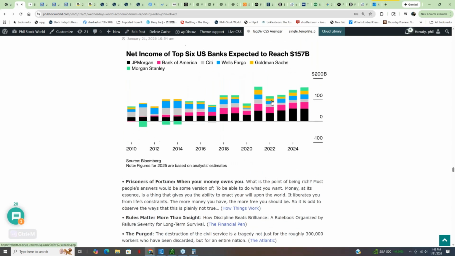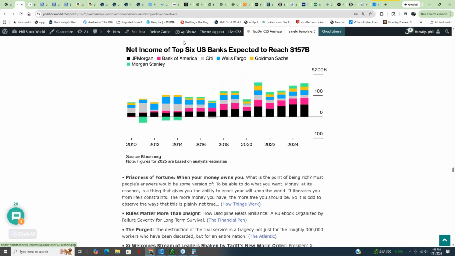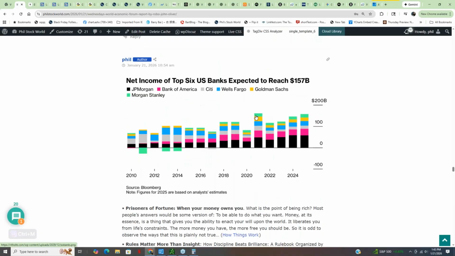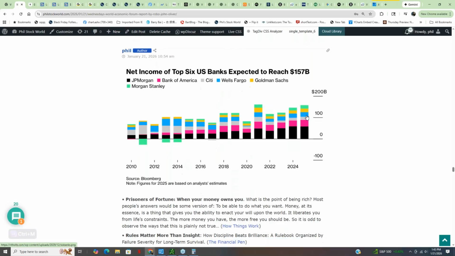Net income of the top 6 banks. Now, it's always important because you see these numbers like top 6 banks 157, compared to what? It was more than that in 2021. You know why? Because the government gave out all that money during COVID, and it goosed the bank earnings. Now Trump is back, and money is being shoveled back to the banks once again.